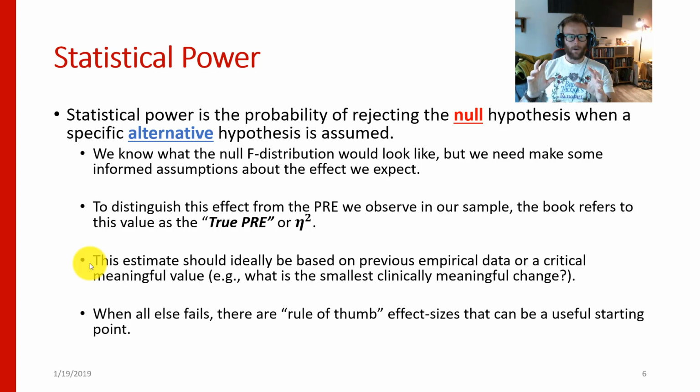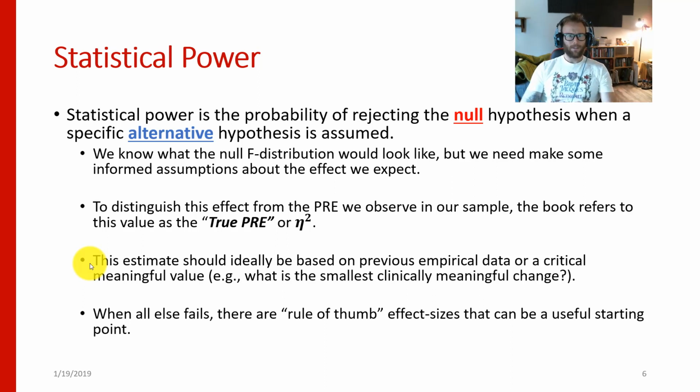So these are hard to determine in some situations, and it comes from knowledge of your research domain, but you should be able to generate some realistic empirical estimate based on past work or minimally important differences that can inform your power calculation. Now, when all else fails, there are rule of thumb effect sizes that can be used as a good starting point. In general, I don't think you should use these rule of thumb effect sizes, because I think you should know enough about your question to say, well, what kind of effects do I expect before I start studying it?